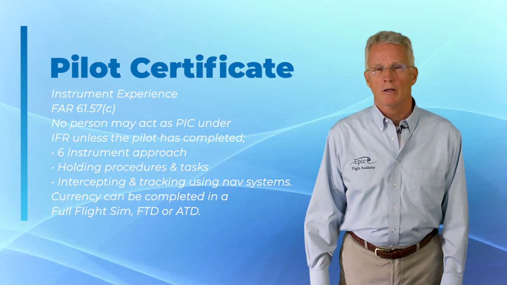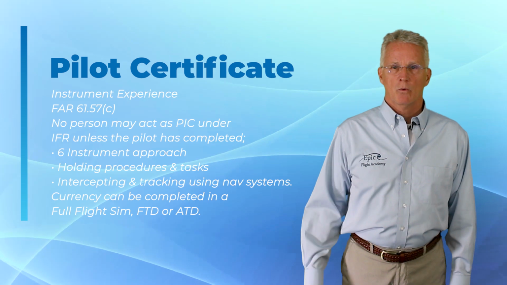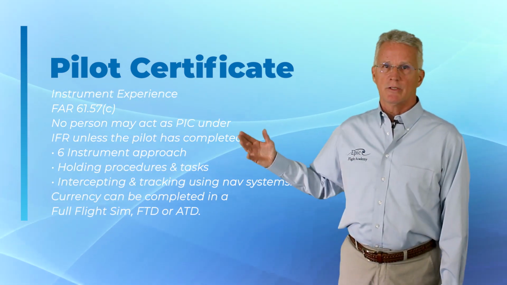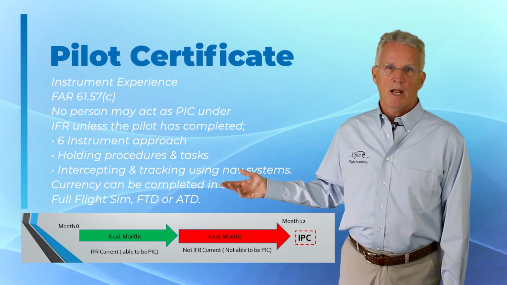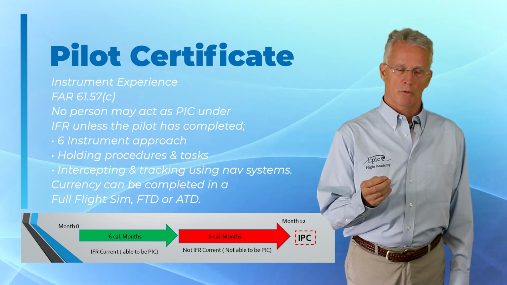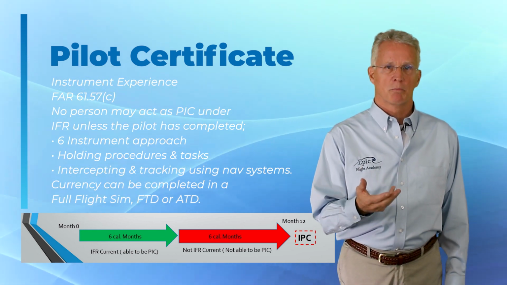Now, when we talk about the last 6 months, first of all, we're talking about calendar months. And I want you to take a look at this slide and see on the bottom of the slide, we're starting at month 0, and the green arrow shows us working through the first 6 months.